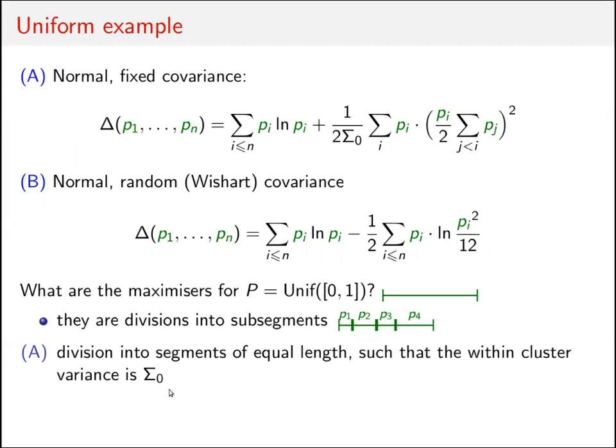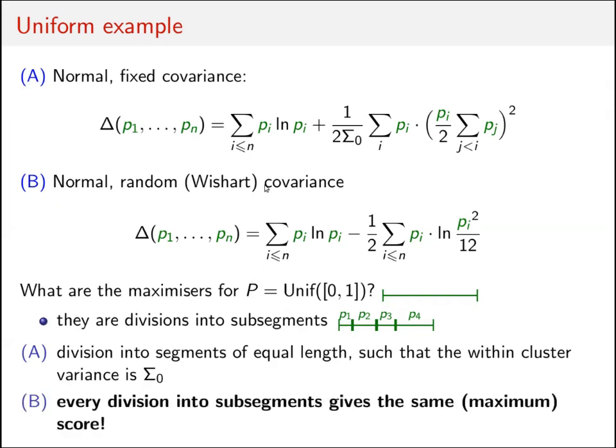And another thing you are glad about is that in the maximizer, those lengths are such that the segment variance is the one that approximates this theoretical one, the one assumed by the model, as closely as possible. You may not be able to give the exact value of this variance, because you've got a discrete space of possibilities, but you get the one which is as close as possible to the theoretical ideal.